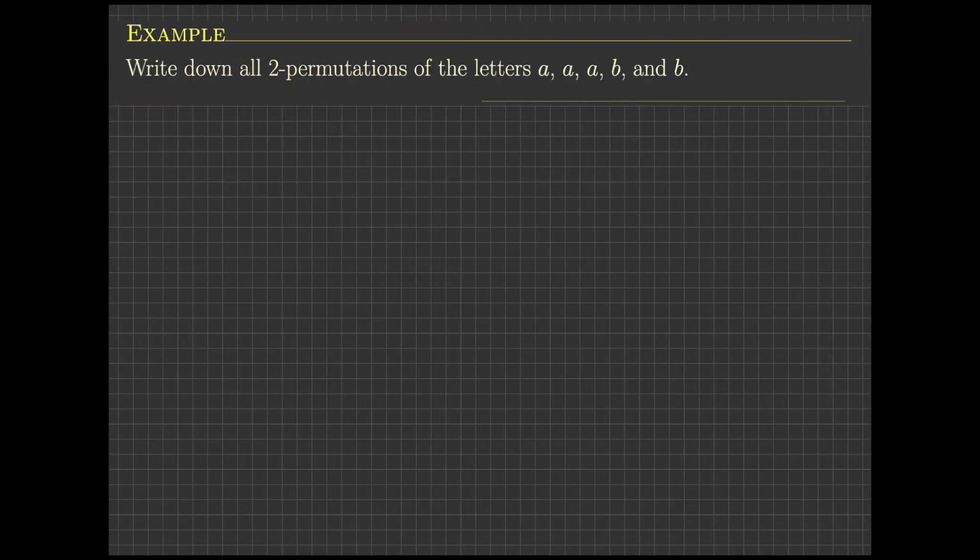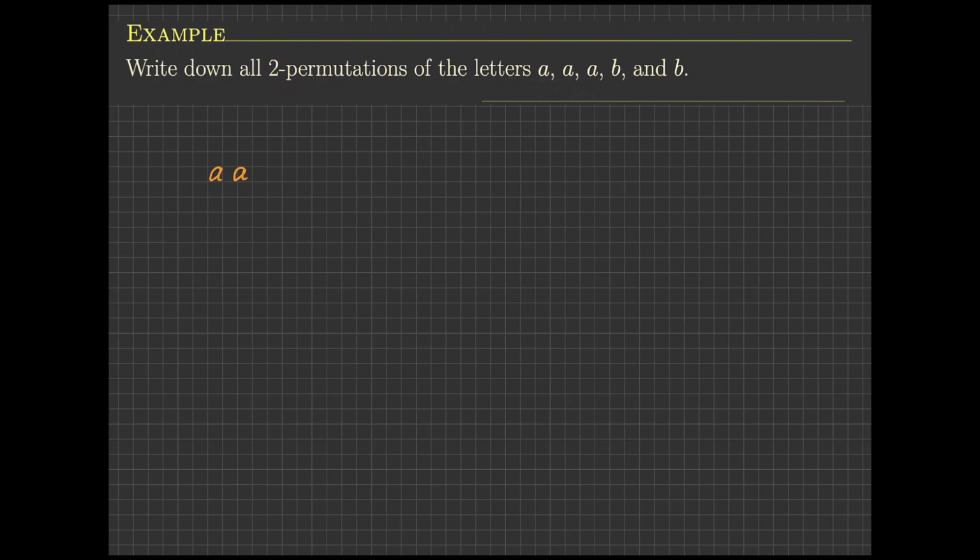Okay, so let us go to the next one. So here the difference is that I have 3 letters A and 2 letters B. Still, I want to write all 2-permutations of these letters. Okay, so what can I write? For example, I can choose to have 2 A's, but in how many ways can I arrange 2 A's? In just one way, so there's only AA.